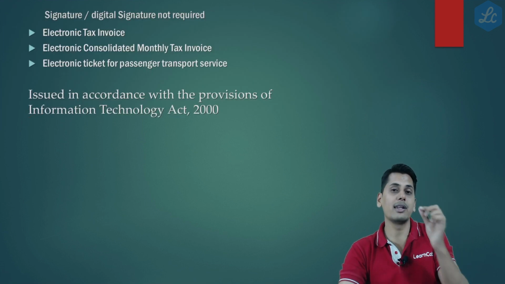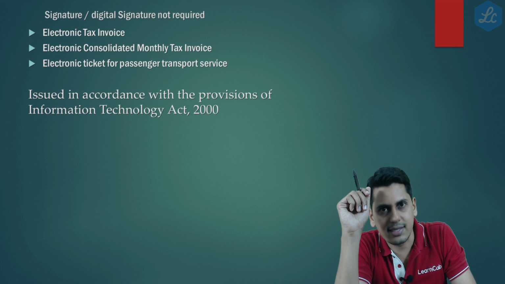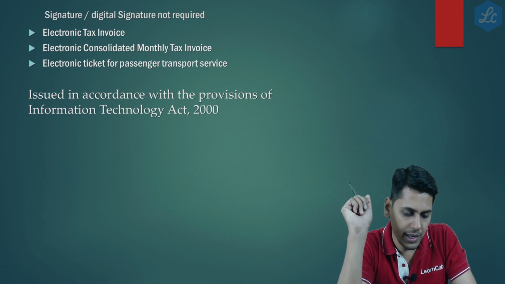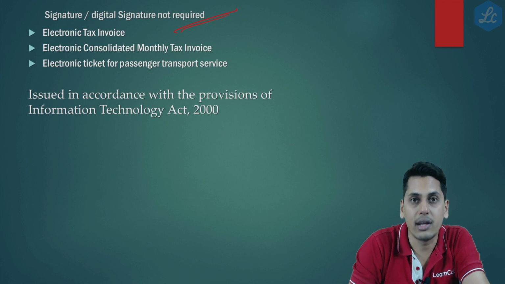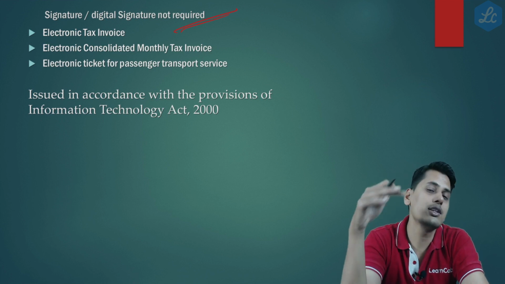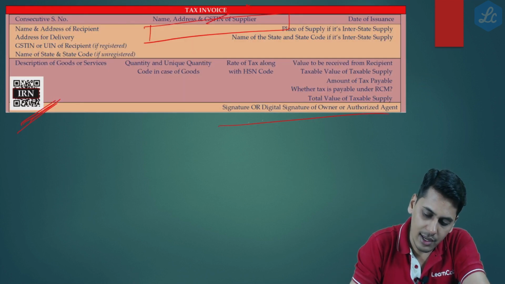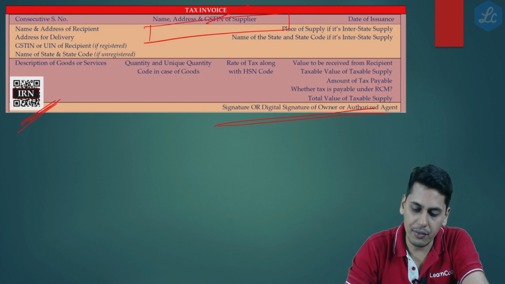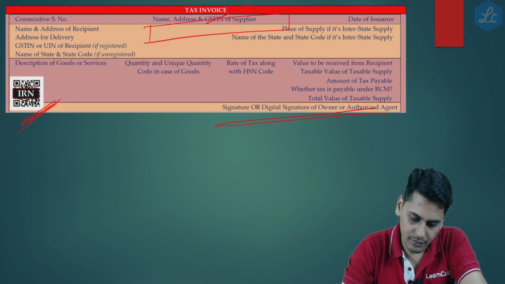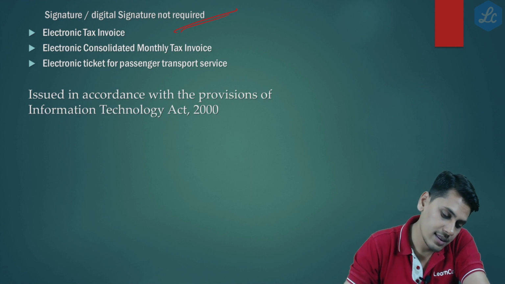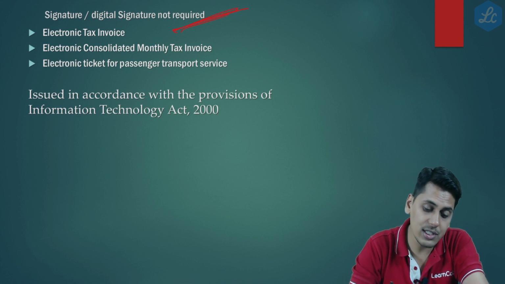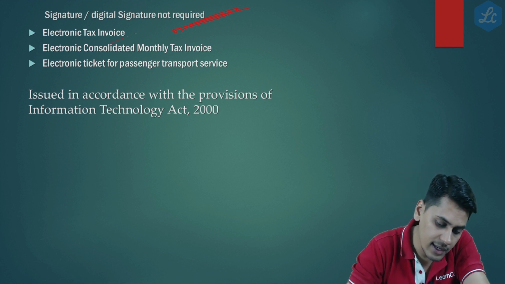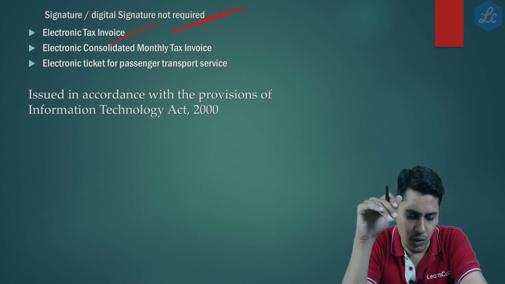Now friends, if you could recollect rule number 46, you might have learned at one place that signature or digital signature is not required. In the contents of tax invoice, you also did have signature or digital signature of the owner or of the authorized agent. There, in rule number 46, there was a proviso which told you that signature or digital signature is not required in case of an electronic tax invoice.